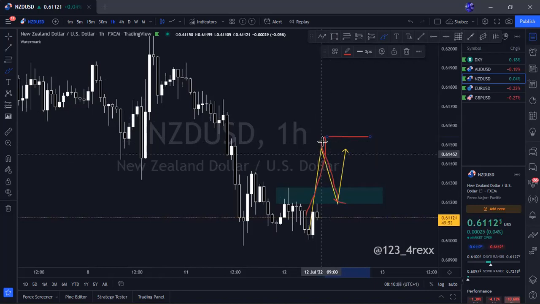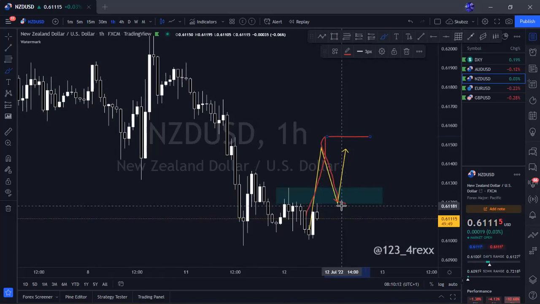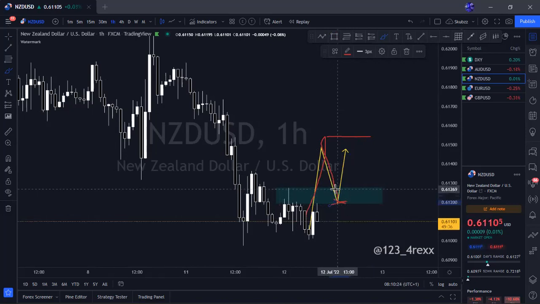If it's selling massively, don't take the buy. Same thing for AUD and NZD USD. Do you understand? But if you see that the sell is actually weak, you can wait, and if you see your entry criteria here at the retest, take the buy. Do you understand? But don't hold those buys for long because we are going against the major, the directional time frame. Do you guys understand what I'm saying?